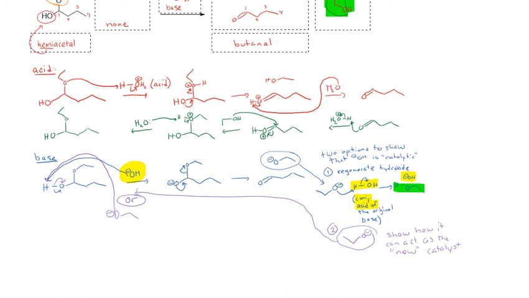So if we're talking about the reverse direction, and I'm going to line this up backwards again so we can compare and make sure we're hitting the same structures. Here's our aldehyde. We're going to go ahead and use the ethoxide ion as a nucleophile.